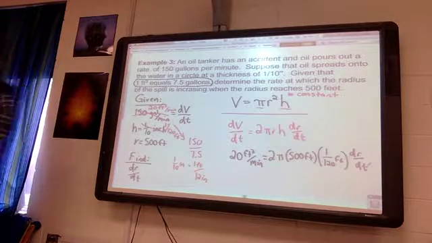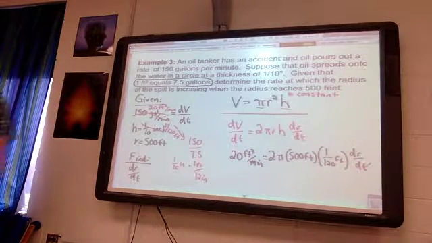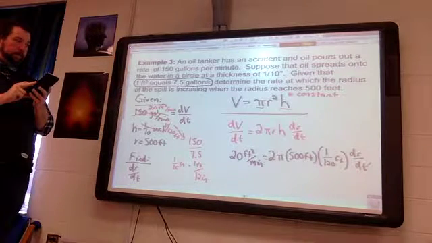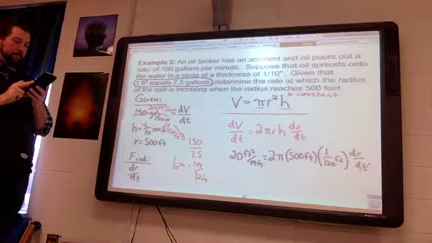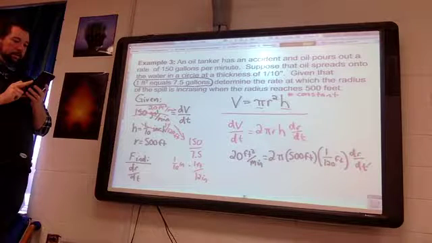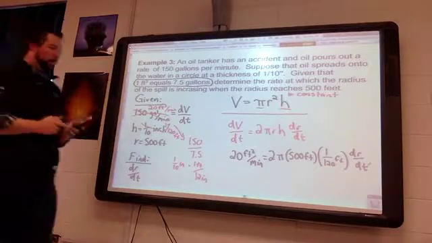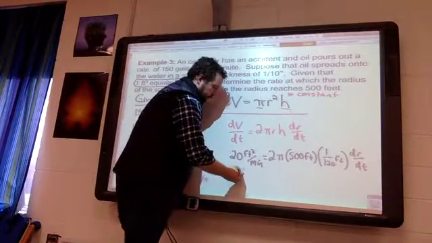All right, so let's multiply everything out on the right-hand side. Let's leave the pi in there for right now. So 2 times 500 times 1/120th is 8 1/3.